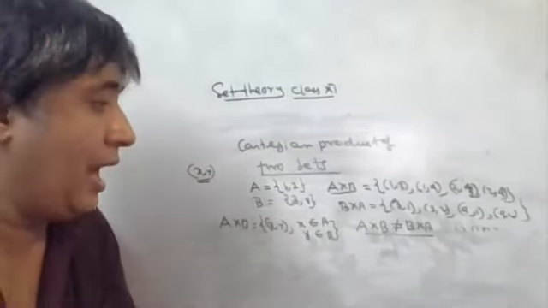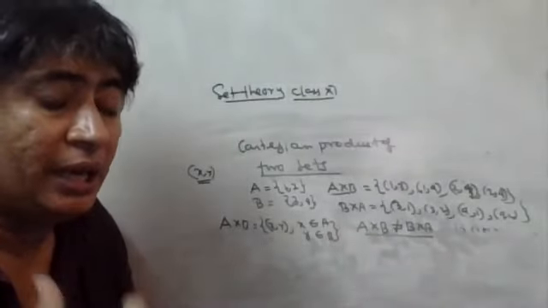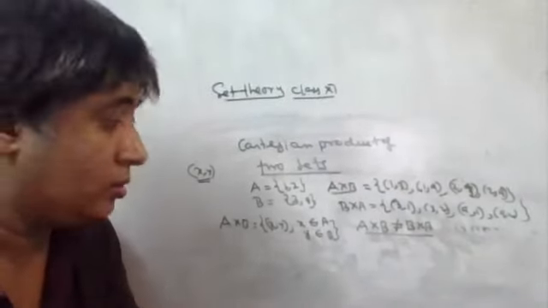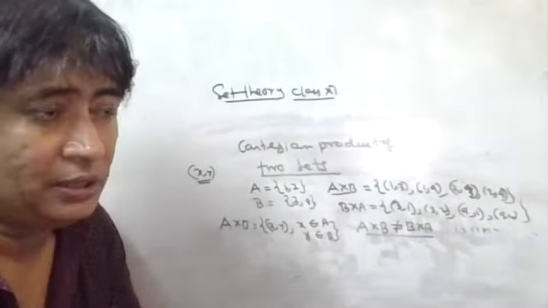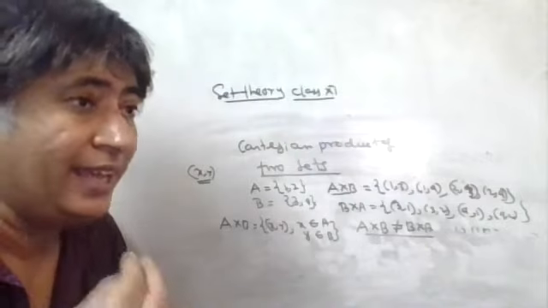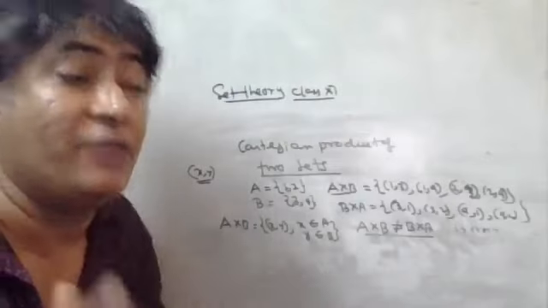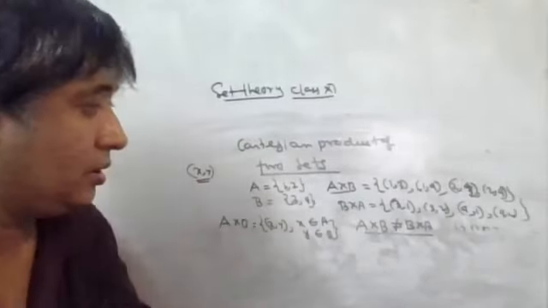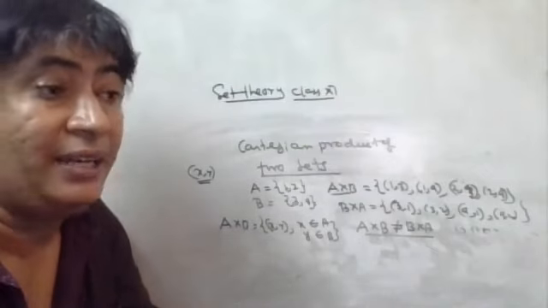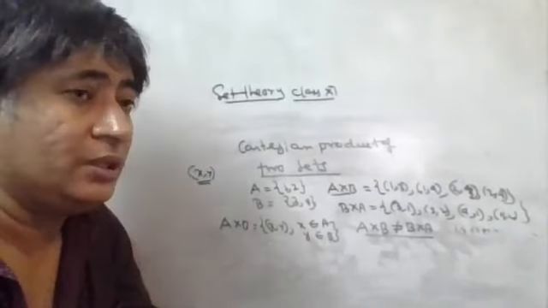If you get a good grip on set theory, you will get a good grip on relation, function, then calculus. So if you go through this chapter, the basic mathematics, so many avenues will be open for you. I have tried to explain that in this video. Hope you understood.